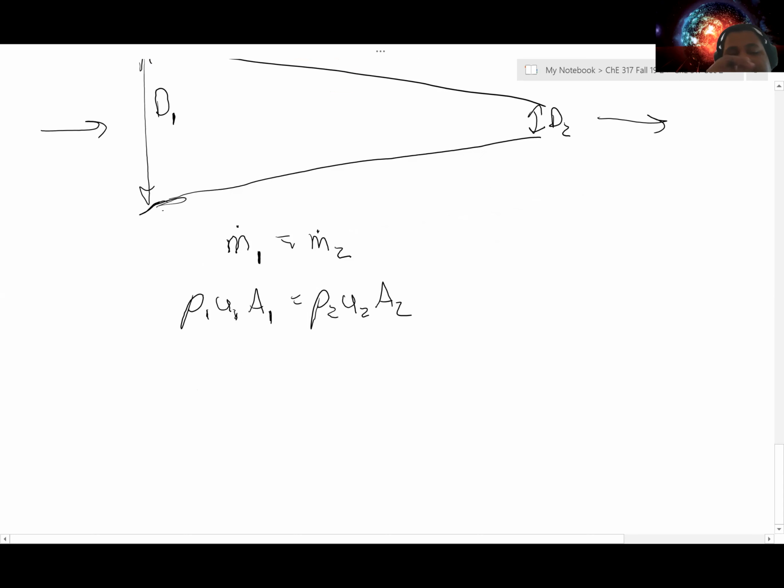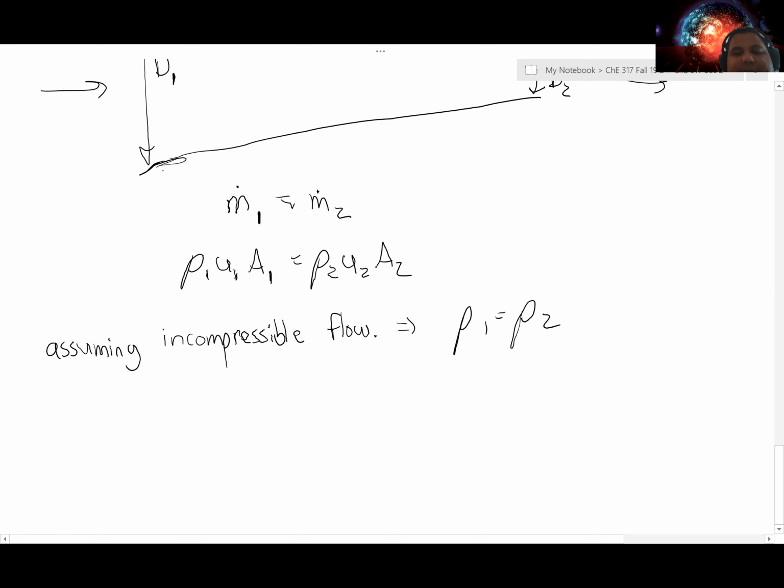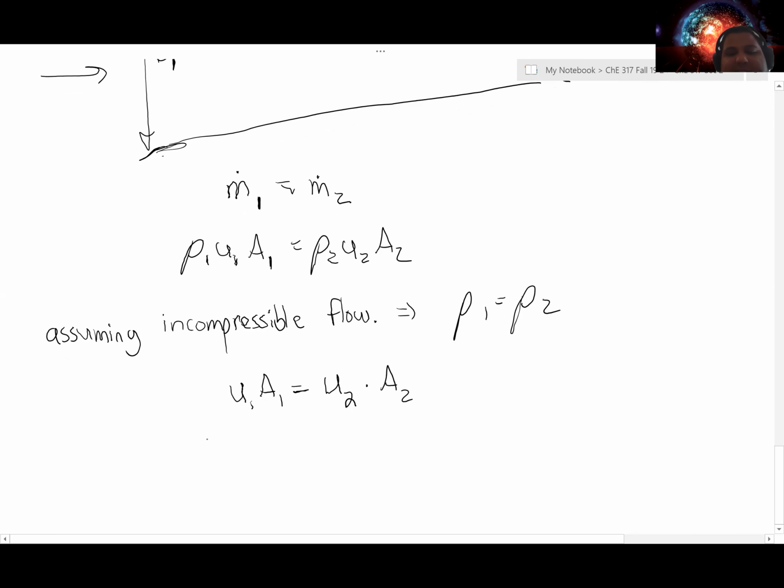Now, let's assume, for the sake of this argument, that we have incompressible flow, which means my density shouldn't change. So I'm left with U1, A1 is equal to U2 times the area A2. So based on this simplified expression, what can we say about the velocity as it flows through the pipe?